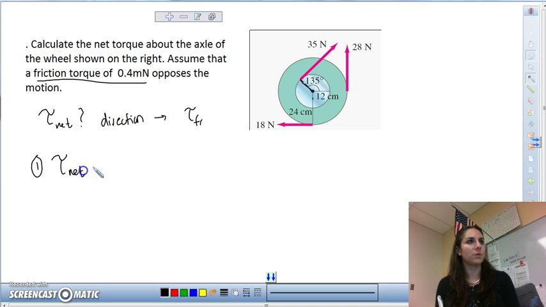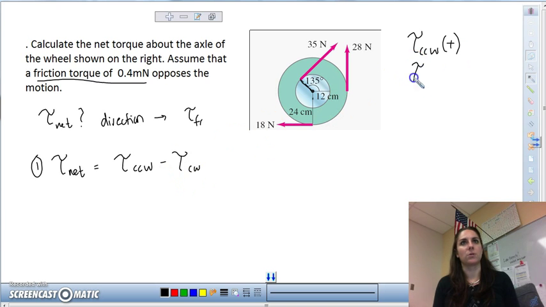Now net torque is essentially the counterclockwise minus the clockwise torques. Now I wrote it as counterclockwise because convention is that counterclockwise is positive, which makes the clockwise torques negative, okay? So my first step is to figure out which ones are going clockwise and counterclockwise.